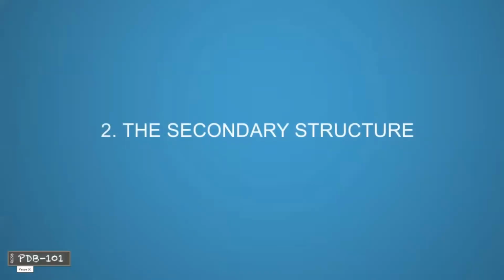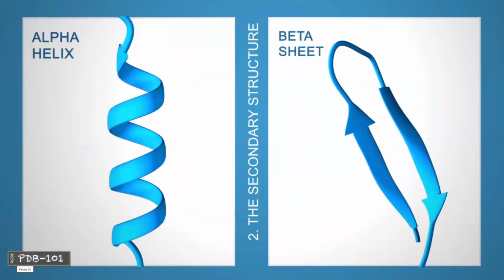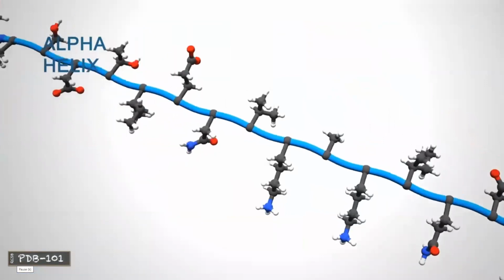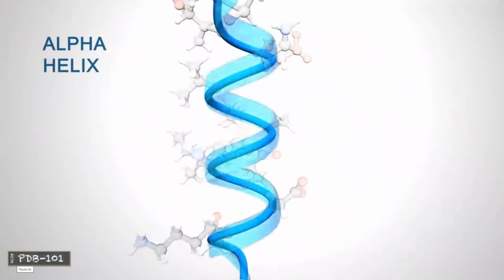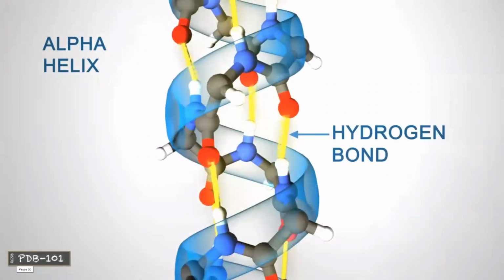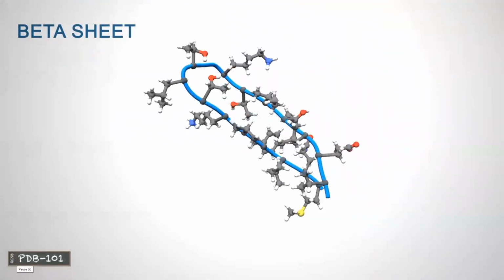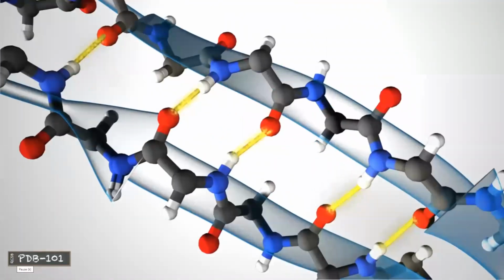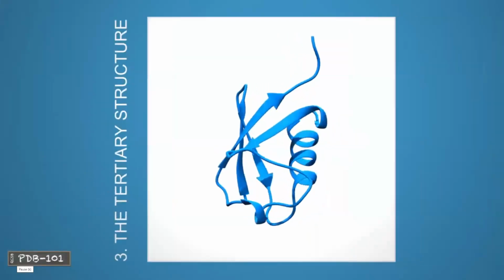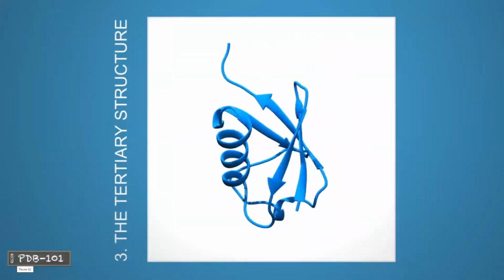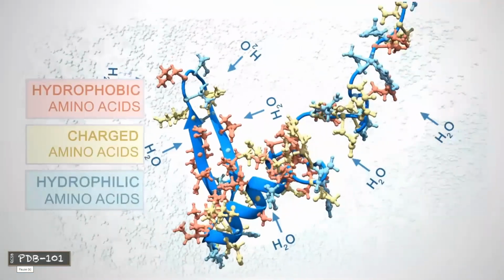Protein chains often fold into 2 types of secondary structures, alpha helices and beta sheets. An alpha helix is a right-handed coil stabilized by hydrogen bonds between the amine and carboxyl groups of nearby amino acids. Beta sheets are formed when hydrogen bonds stabilize 2 or more adjacent strands of amino acids. The tertiary structure of a protein is the 3-dimensional shape of the protein chain. This shape is determined by the characteristics of the amino acids making up the chain.